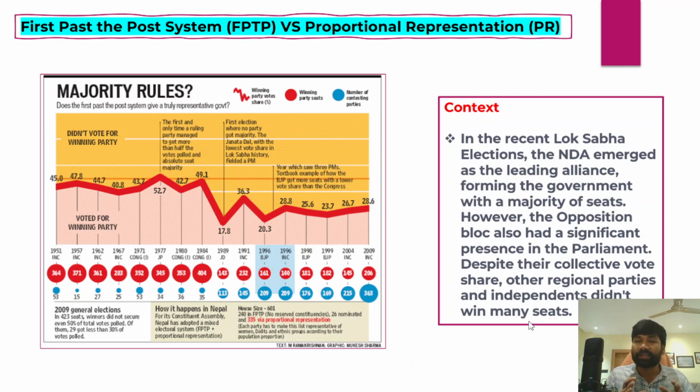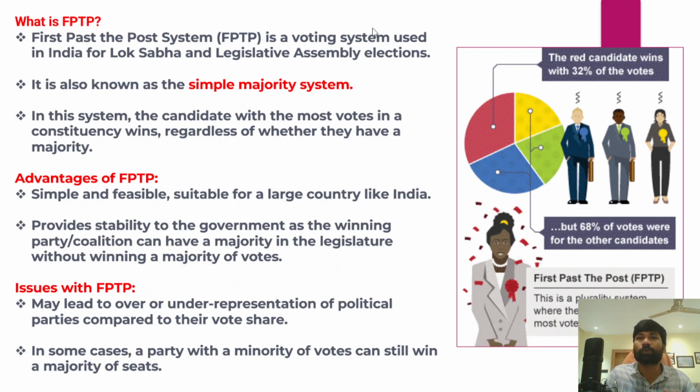Okay, so despite having a lot of vote share in the total election, if you look at the number of seats that they have got, they are comparatively lesser, and that is where it is made clear that we must adopt proportional representation instead of simply going for the first past the post system. Now what is the first past the post system?